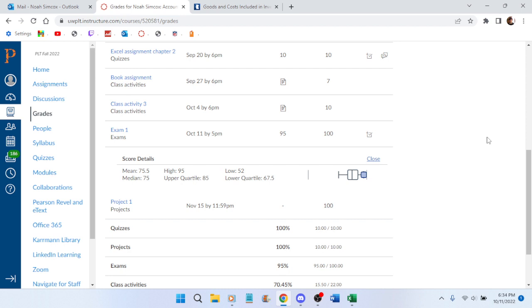So I got 95 out of 100, which was the highest in the class. My God, the lowest score was 52, and the mean was 75.5.